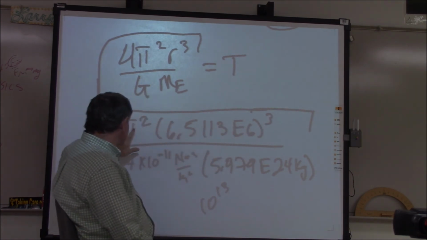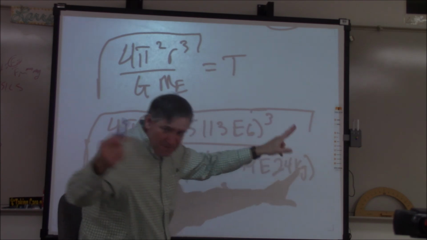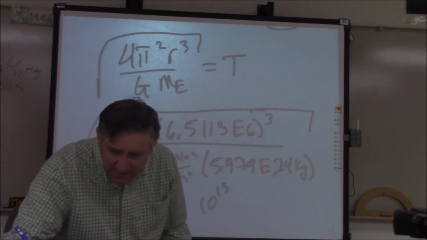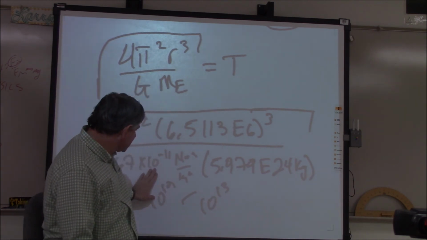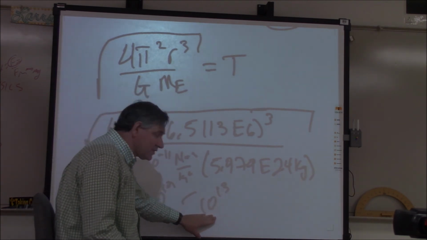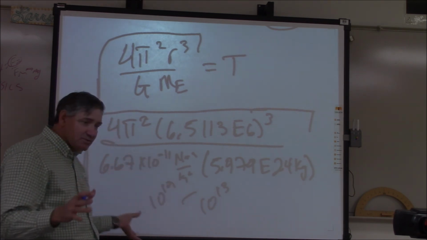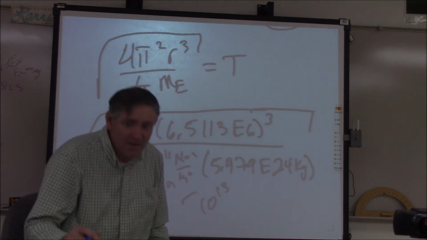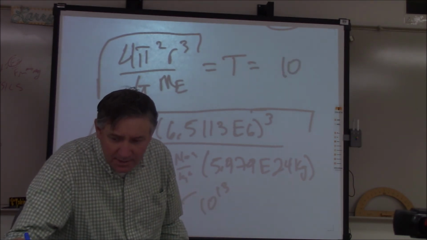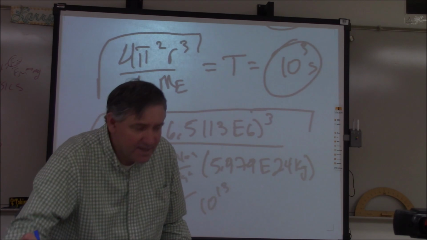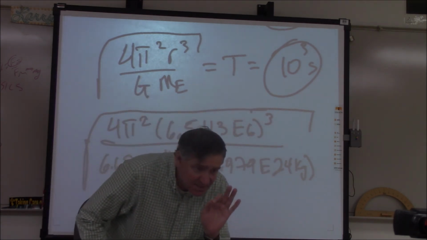And then I'm going to multiply that by 4 pi squared, so that's going to basically make the one upstairs be 10 to the 19th. So I've got 10 to the 19th divided by 10 to the 13th, so that's going to get me 10 to the 6th, and then I'm going to take the square root of that, and I'm going to get 10 to the 3rd. So here's what's important. Your orbital period in seconds is typically going to be 10 to the 3rd. So this makes this easy to remember, okay?